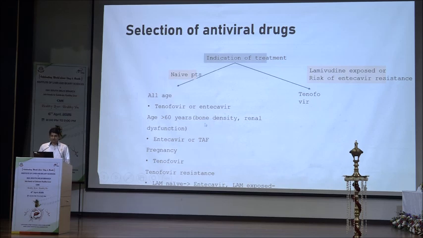This can also cause a decrease in the creatinine clearance. So subjects who have creatinine clearance less than 60 should use tenofovir cautiously, and preferably we can use entecavir in such subjects.